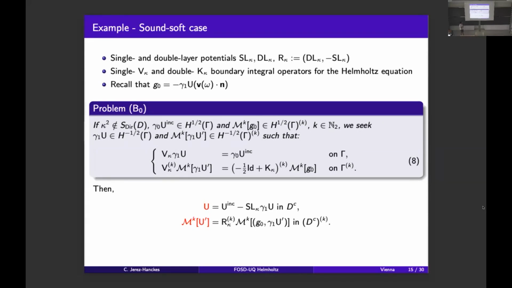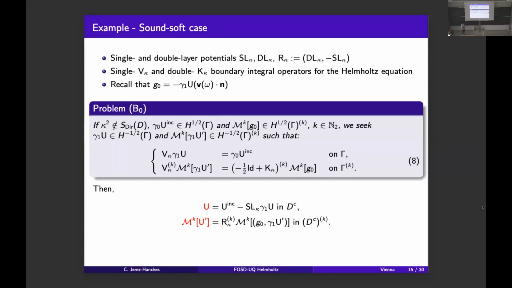Now, if kappa is not a resonance of the Dirichlet problem in the interior domain, you have a right-hand side given by the Dirichlet trace of your exterior domain. So this is just the sound-soft problem. No, sound-hard, sorry. U is the full, this should be sound-hard.